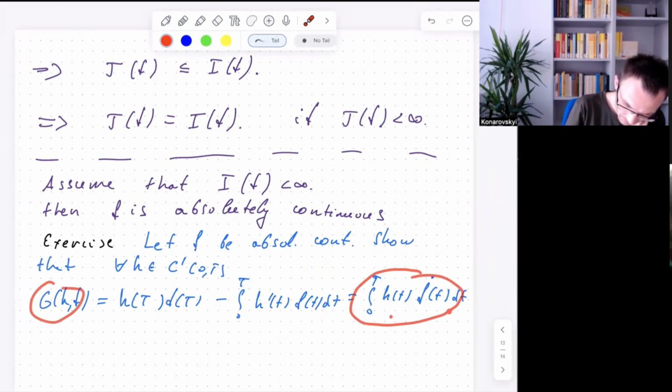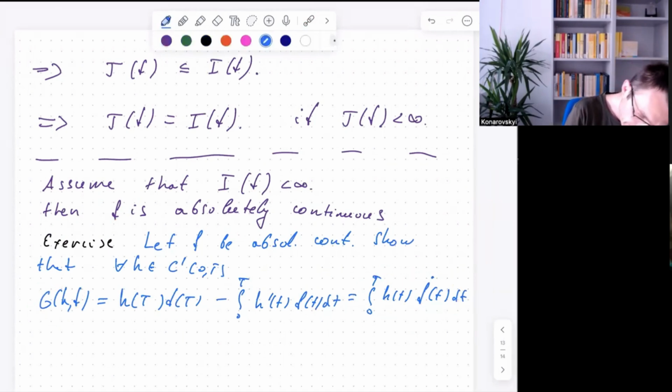But now your function is not only absolutely continuous, but its density is L2. So therefore, in this Riesz representation theorem, the function g_f that we obtained the last time will be equal to f dot, which is from L2 on 0 to t.